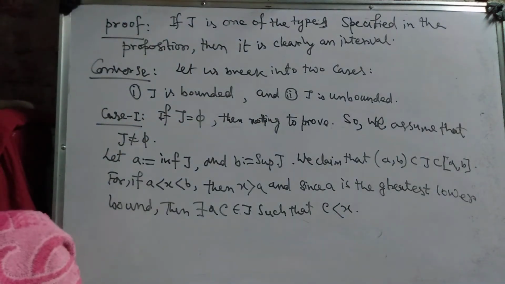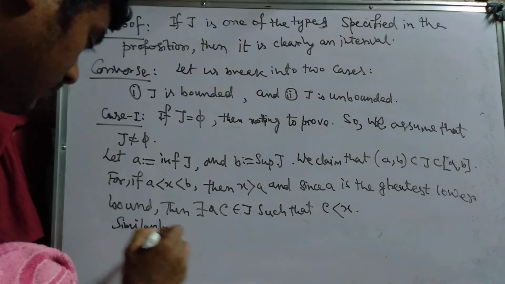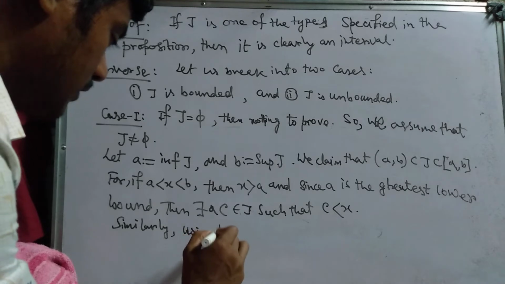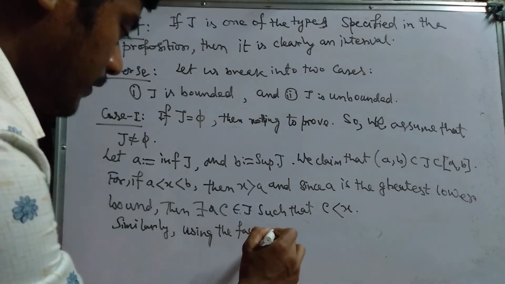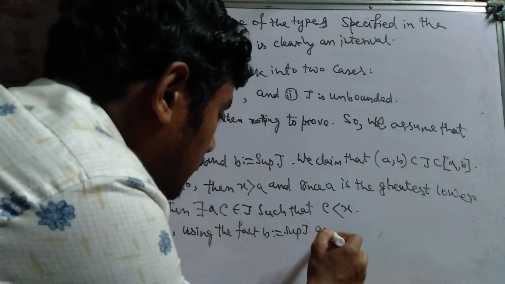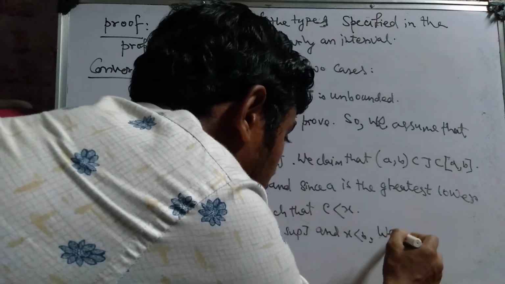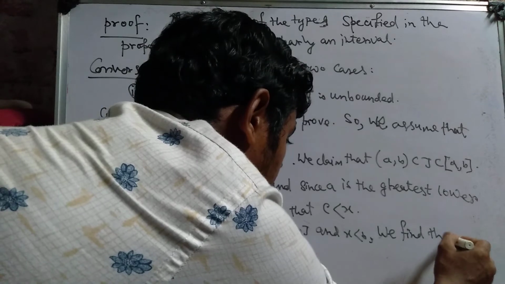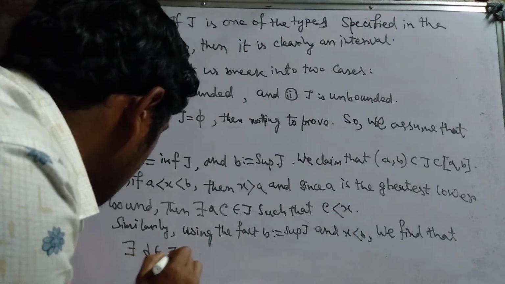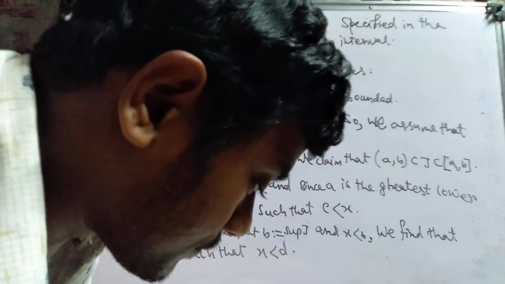And similarly, using the fact that b equals the supremum of J and x less than b, we find that there exists d belonging to J such that x is less than d.